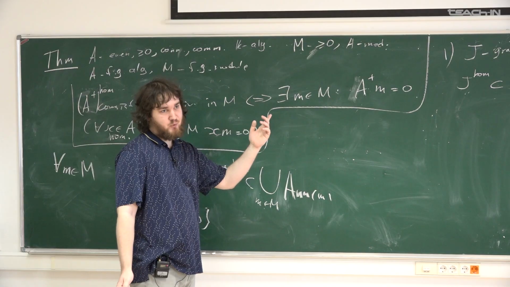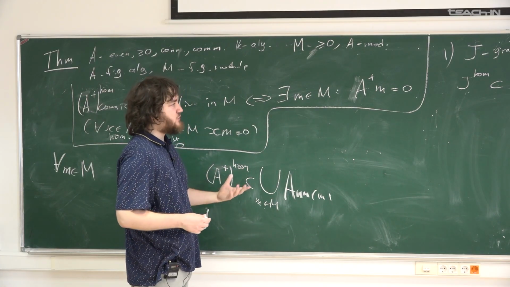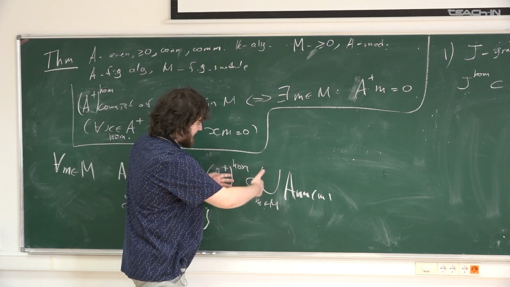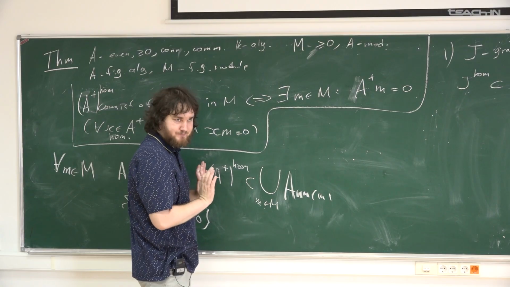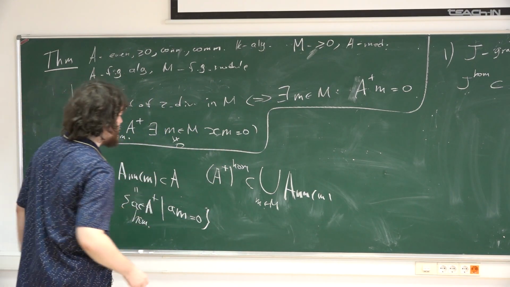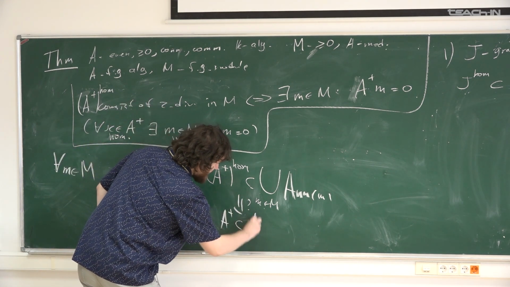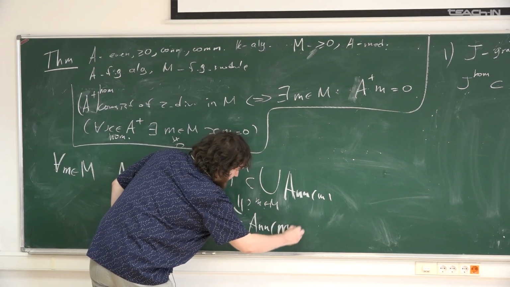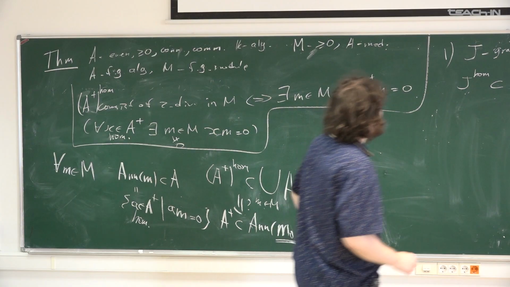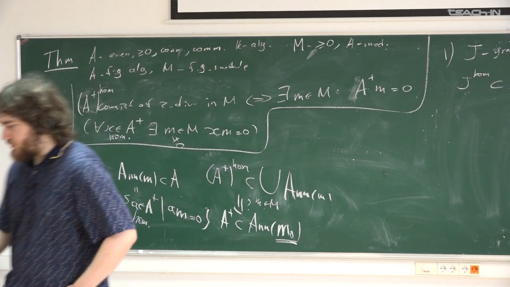Here it's finite. It's important, and all other steps will be the reduction to finite. In fact we want to check that A plus lies in the annihilator of some one element. So this is the natural first step, and this step is more or less formal.